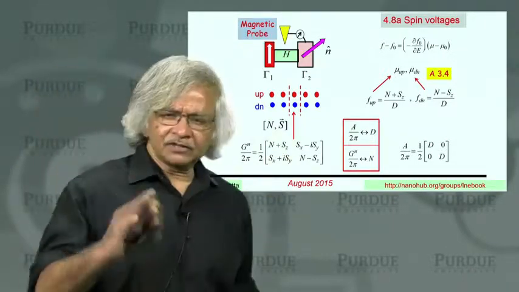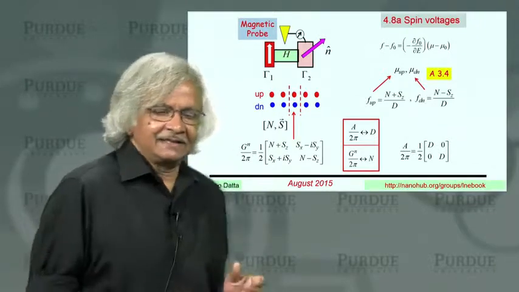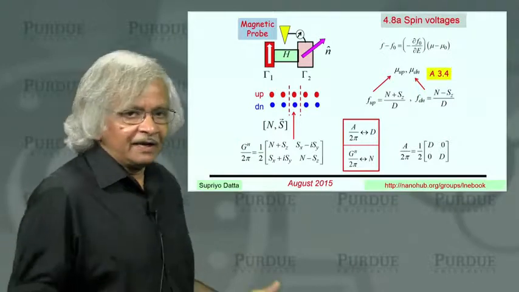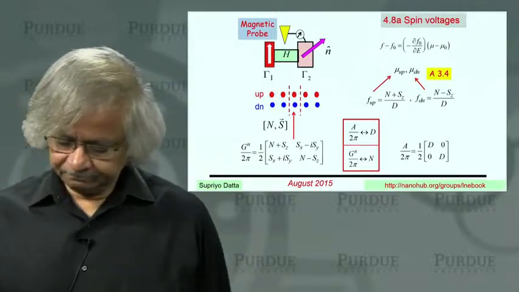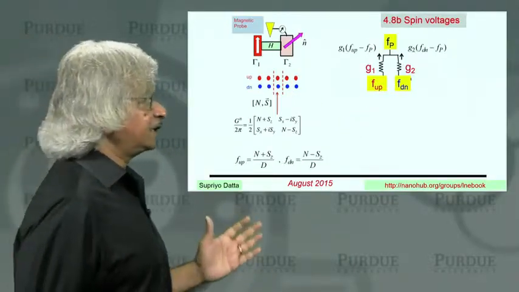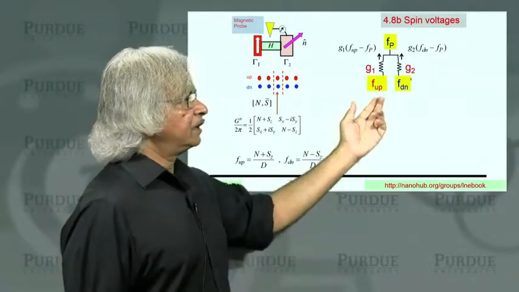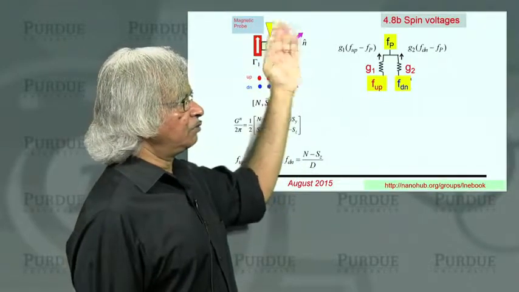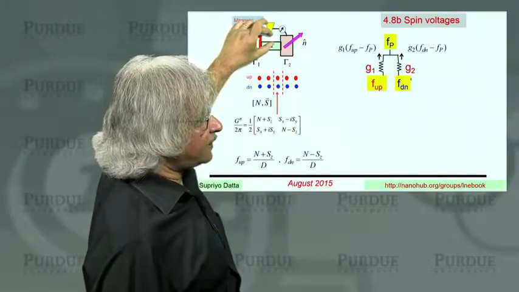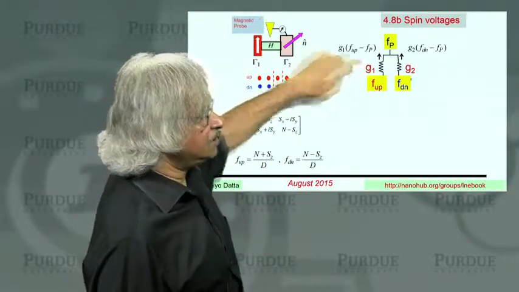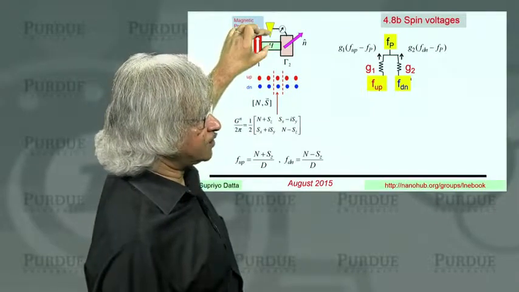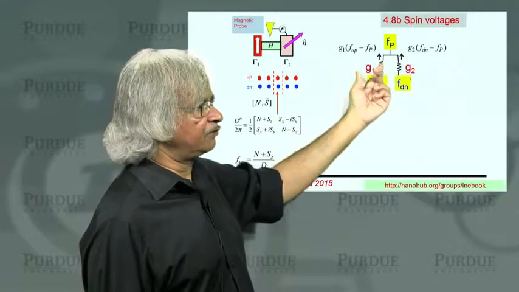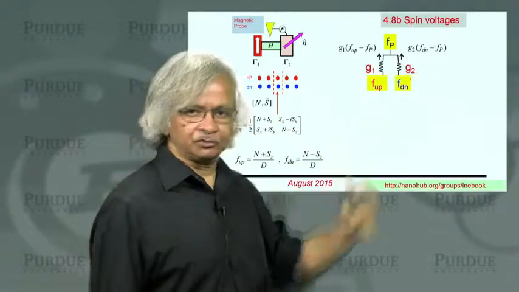Now, let's first talk about how you could semi-classically calculate what this potential will be. And then we'll do the full quantum thing. Semi-classically, you have an upspin channel and a downspin channel, and you have a probe, and there's some effective conductance, this G, that connects the probe to the channel, and we'll assume that the upspin and the downspin have different conductances, G1 and G2.